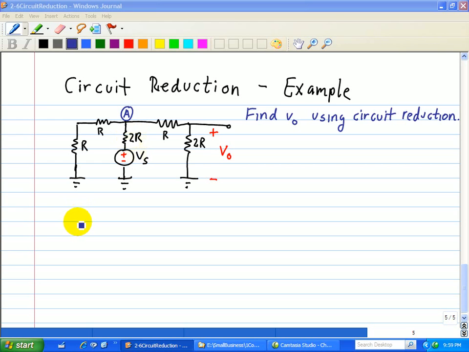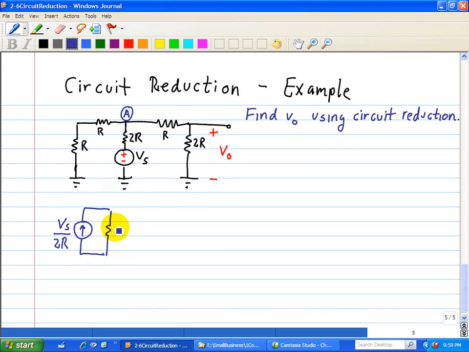So what we have here is a current source in which we can replace it with Vs divided by 2R in parallel with this 2R.